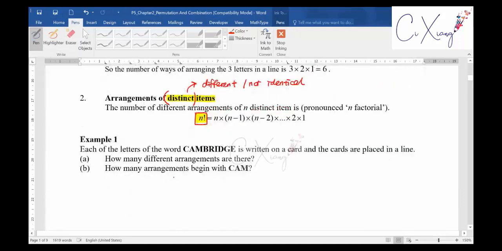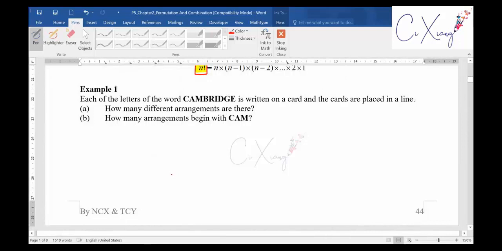Okay, so let's see how we are going to apply all this in our exam style question. First they give you the letters of the word Cambridge. C-A-M-B-R-I-D-G-E. You can double check and see. The word Cambridge consists of 9 letters, and every one of the 9 letters here is different. There are no repeated letters.